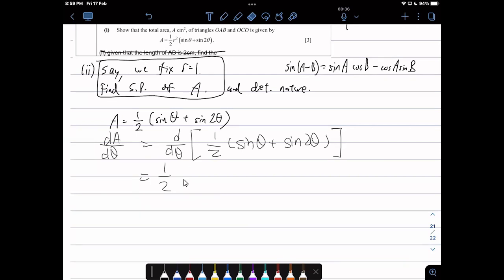Factor out the half first, then differentiate sine theta, you get cosine. Open bracket here: cosine theta, then plus cosine 2 theta.